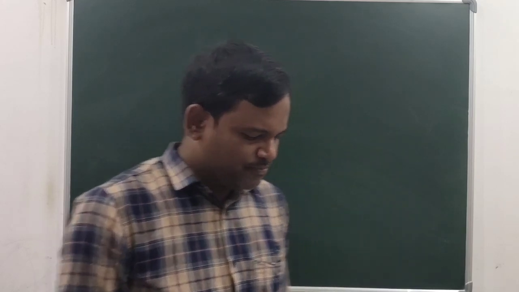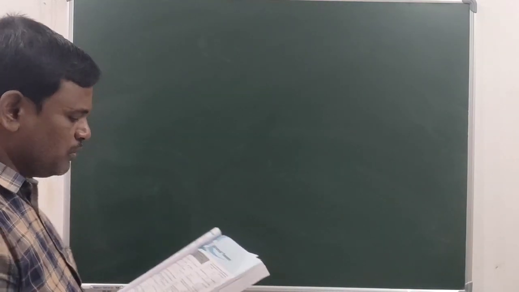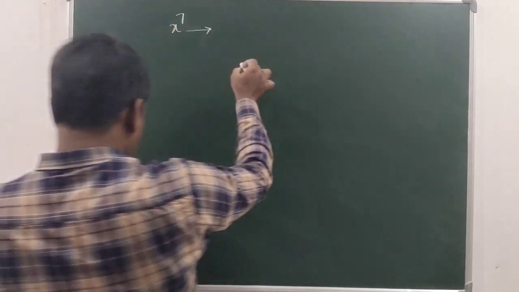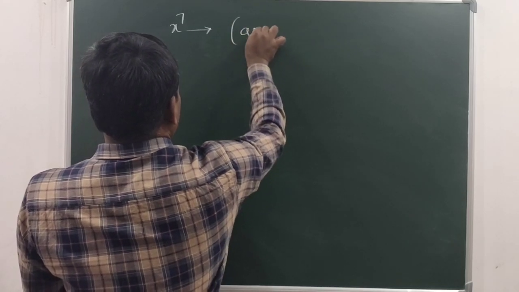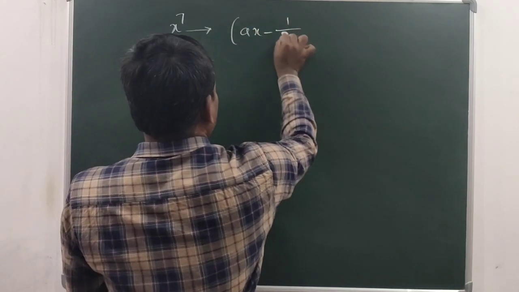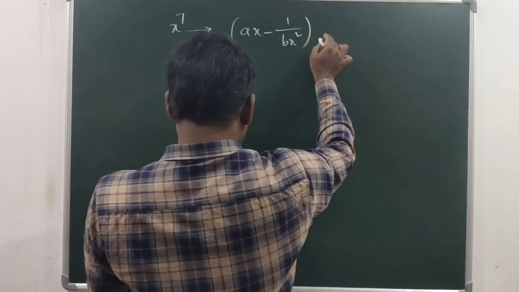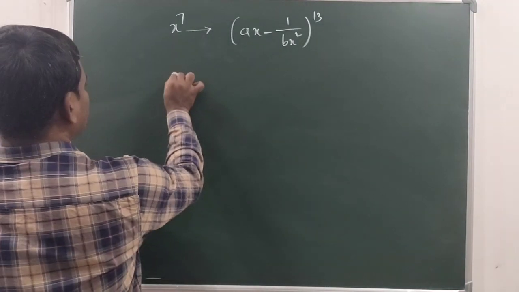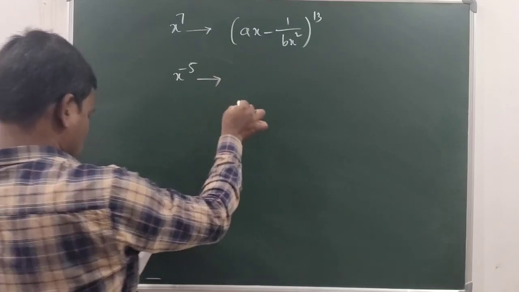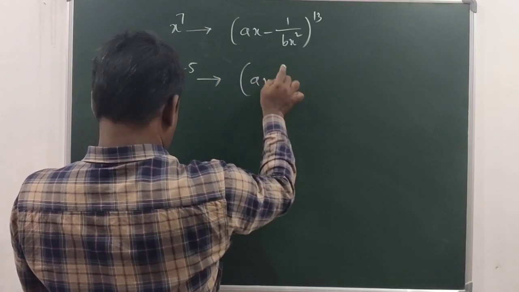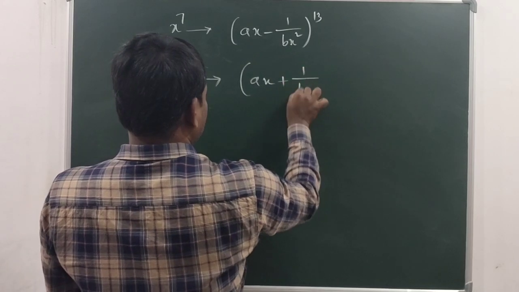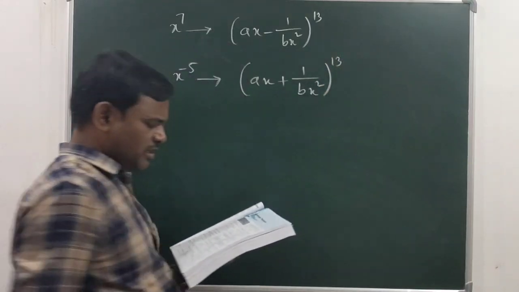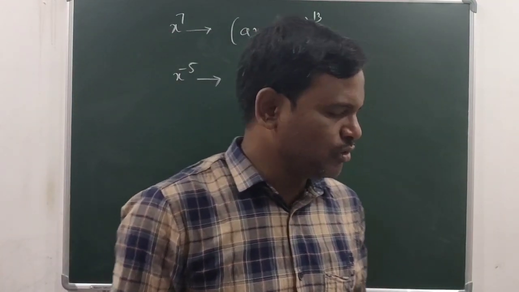So see here, coefficient of x power 7 in (ax minus 1 by bx square) whole power 13, and the coefficient of x power minus 5 in (ax plus 1 by bx square) whole power 13. Both are equal. Then find a power 4 b power 4 is equal to how much?